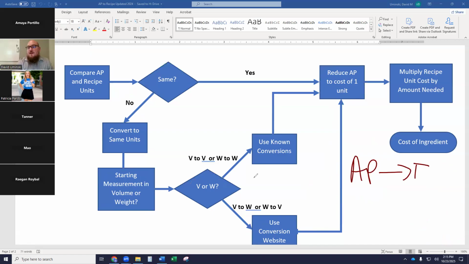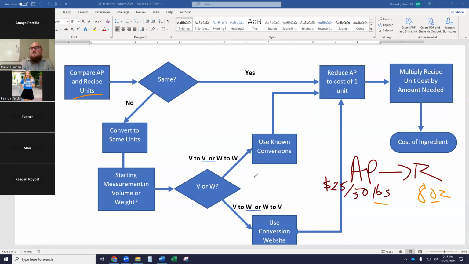AP to recipe. We're going to use flour again. So $25 for 50 pounds. Now, what happens if my recipe needs 8 ounces? First step, compare the AP and recipe units.